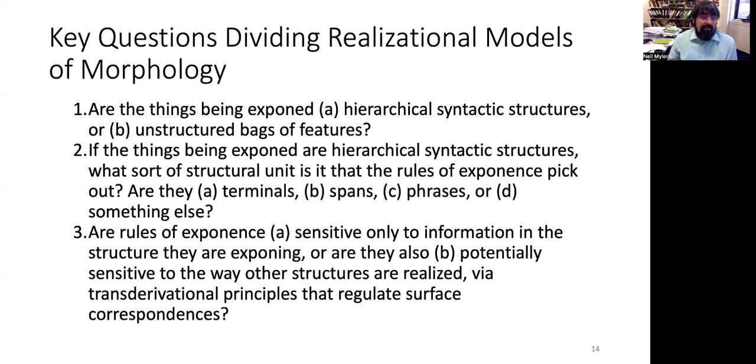The first is, are the things being exponed, the things to which your rules of exponents apply, and you're guaranteed to have rules of exponents, because if you don't, then you're not a realizational model. Are those things that are being exponed, that appear in the structural descriptions of rules of exponents, A, hierarchical syntactic structures of some kind, or B, unstructured bags of features? Right, that's your first question.